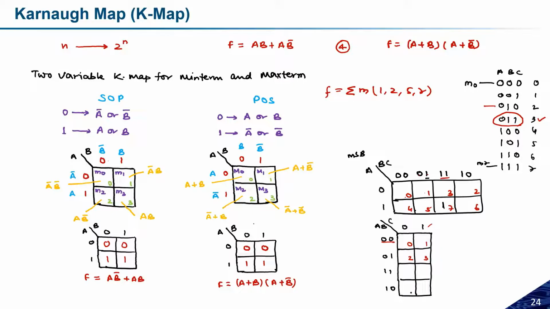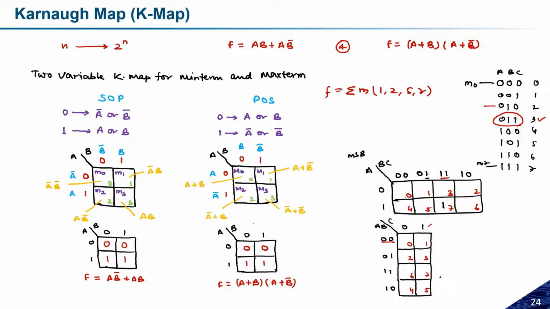Okay, so 4 will be here, 5 will be here, 6 will be here, and 7 will be here. So this is how we can write the numbering if I am considering AB in the vertical direction and only C in the horizontal direction. So this is doable.